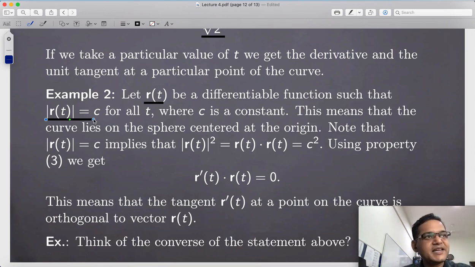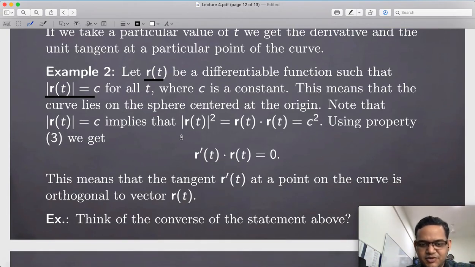When I say the magnitude is always constant, that means all these position vectors lie on the sphere centered at the origin with the radius c, isn't it? That is the meaning, because if all the vectors on a given curve have a constant length from the origin, then they lie on the sphere of the radius given by this constant. So geometrically we are saying that we are taking a curve on a sphere.